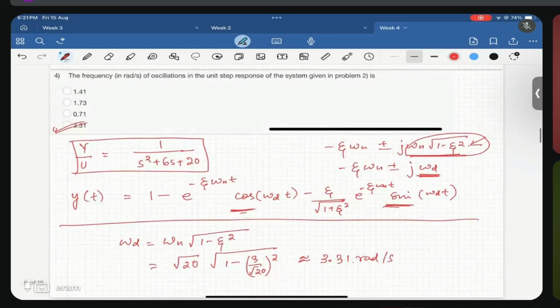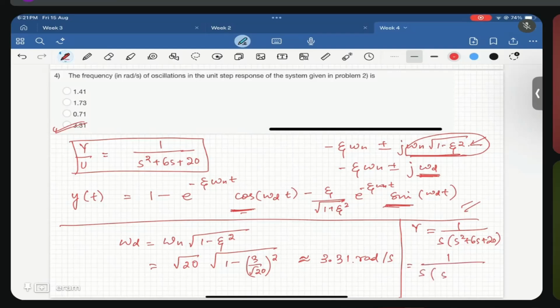This detailed solution you can refer to in the lecture of this course, and it is very easy to derive. In case of step input, you will have s square plus 6s plus 20, and this you can also write as 1 by (s plus 3) whole square plus 11, right?